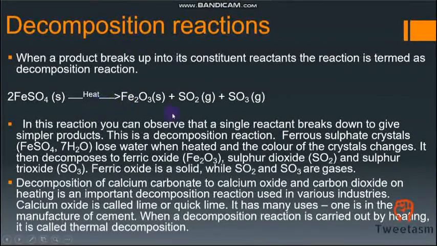Just because of heat, ferrous sulfate crystals lose water when heated and the color of the crystal changes. It then decomposes to ferric oxide, sulfur dioxide and sulfur trioxide. Ferric oxide is a solid while SO2 and SO3 are gases.